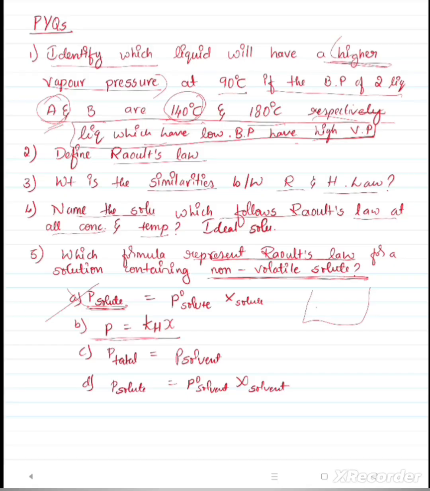The second one is related to Henry's law, so it is not related to Raoult's law. Then the third one: total pressure is equal to the partial pressure of the solvent. If the solute is non-volatile, the solvent is volatile, so total pressure equals the partial pressure of the solvent. So C is the correct answer.